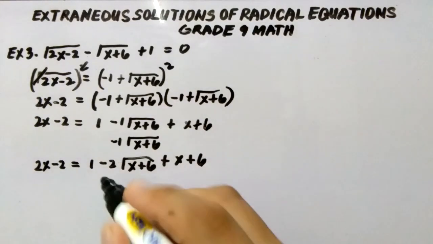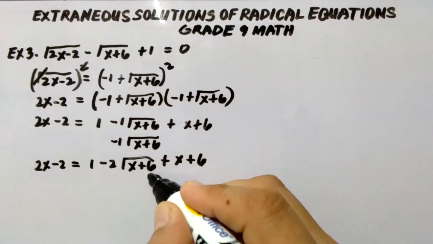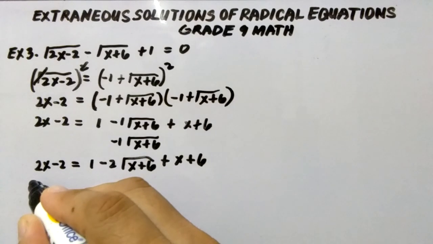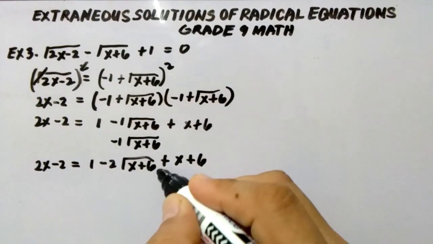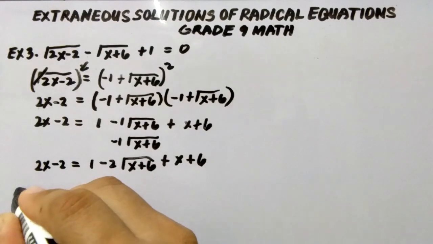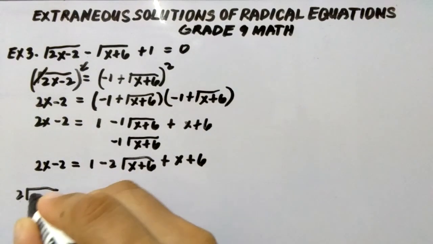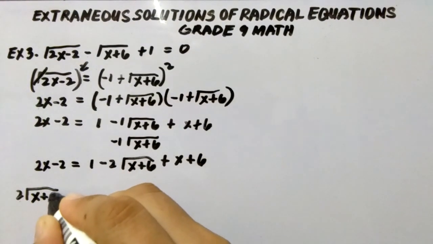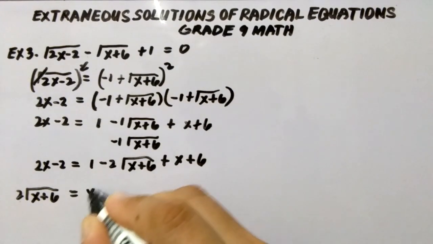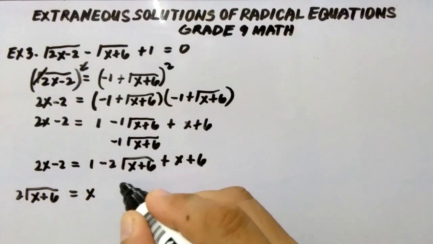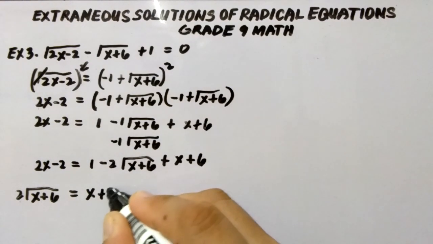So, ang gagawin po natin, ito pong negative square root of x plus 6, transpose po natin dito sa may left side. So, negative 2 square root of x plus 6 becomes positive 2 square root of x plus 6 is equal to, so we have x, then 1 plus 6, that is 7, so plus 7.